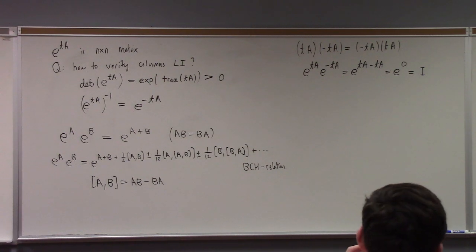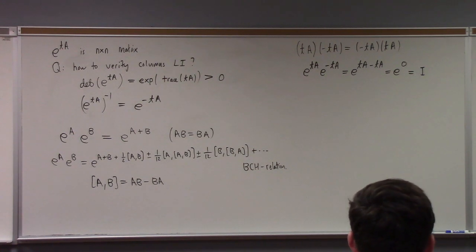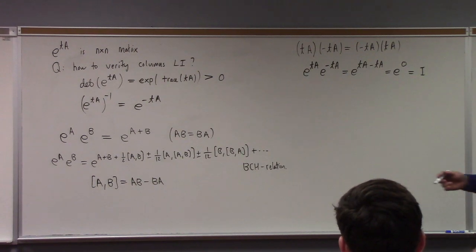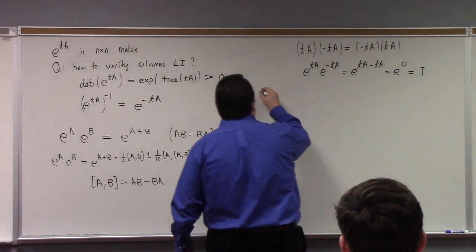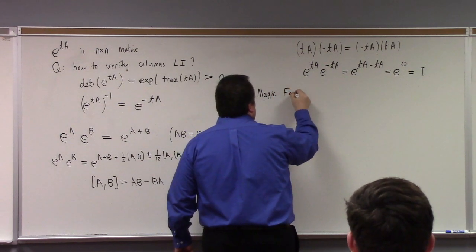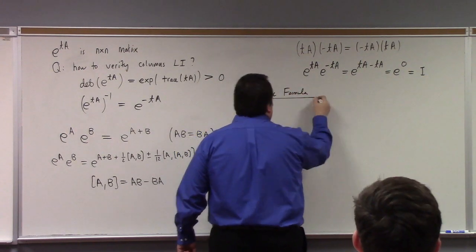So the matrix exponential is really nice, but it's also kind of formidable. It leaves us with this question, how on earth do you actually calculate this thing? Let me show you. There's something beautiful that I like to call the magic formula. Here's the magic formula.